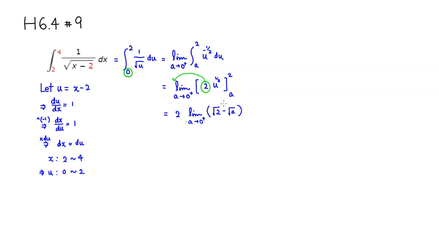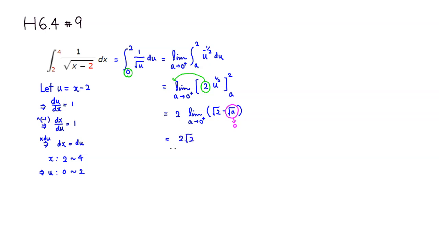Then a is going to 0. We know that the square root of 0 is 0, so the square root of a disappears. What's left is the square root of 2 inside, and there's a 2 outside, so it's going to be 2 times the square root of 2.